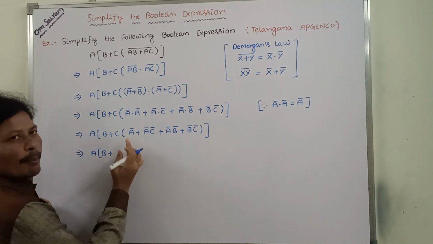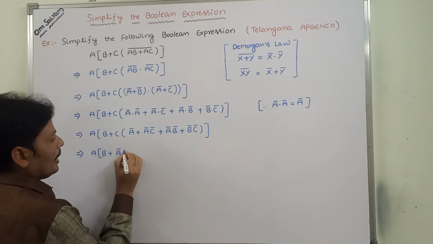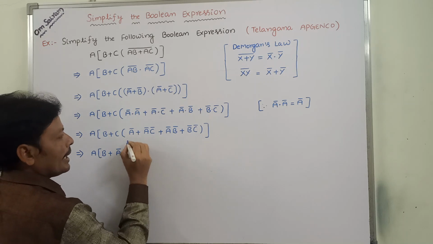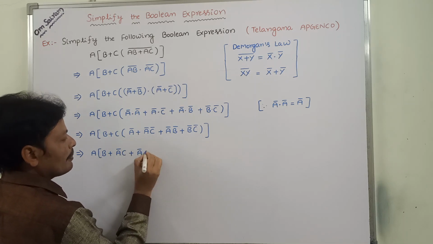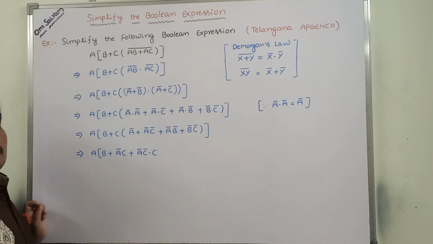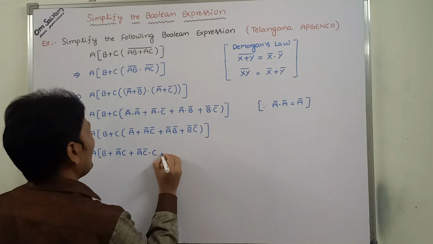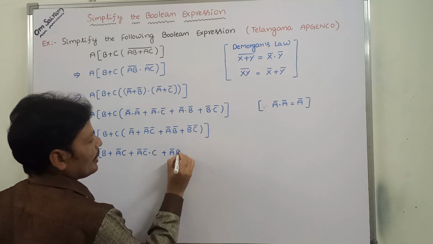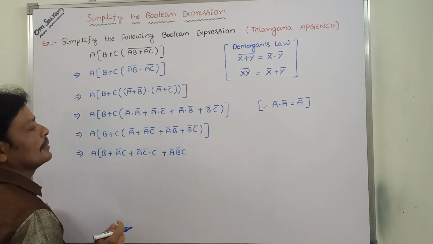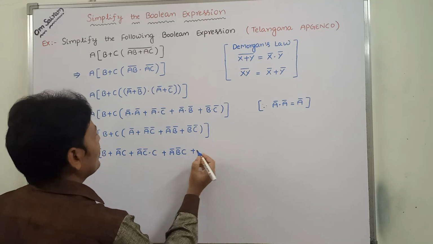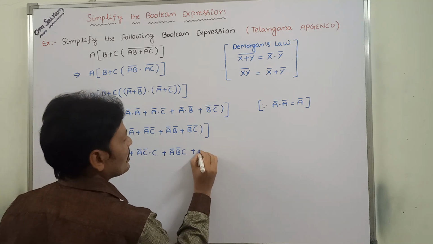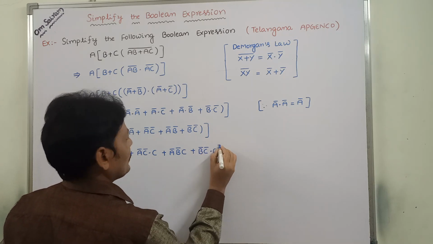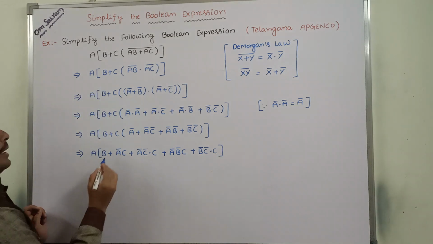C into A bar is nothing but A bar C, plus C is multiplied with A bar C bar. We are getting A bar C bar into C, plus C is multiplied with A bar B bar. Then we are getting A bar B bar C. Next one, C is multiplied with B bar C bar, B bar C bar into C. So this expression we are getting.